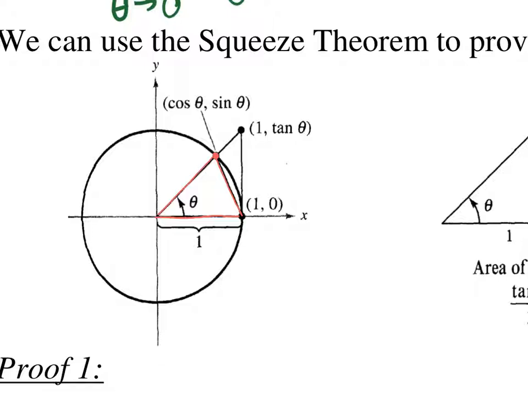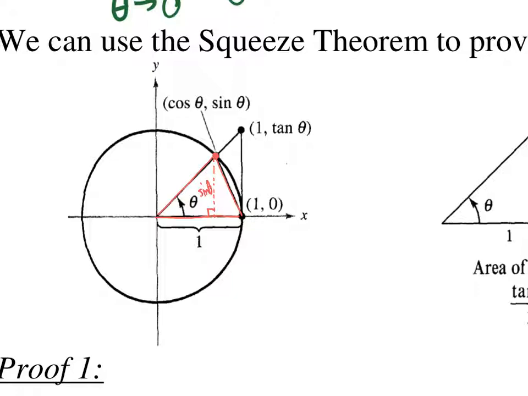And I want to look at the area of this triangle. The area of this triangle, any triangle, is 1/2 base times height. Well, what's the base of this triangle? 1. What's the height? Yeah, there we go. The height is the sine of theta.